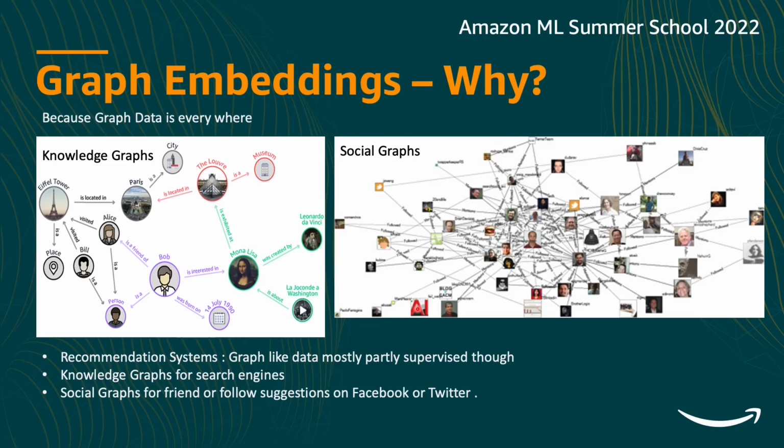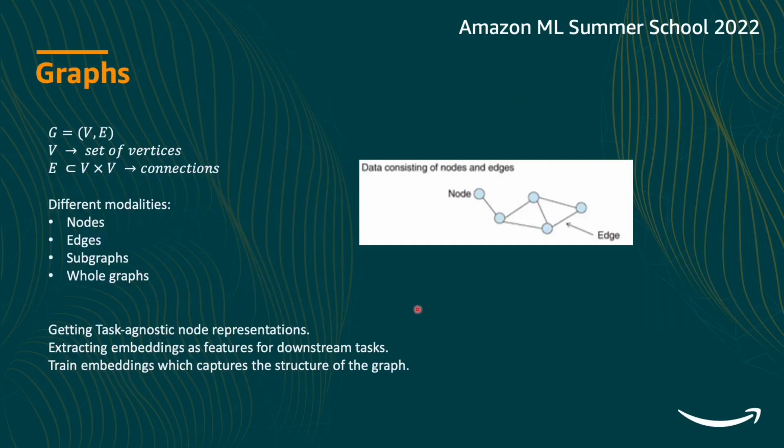And mainly today, we'll talk about a small portion regarding unsupervised representation learning from graphs. A bit of terminology here. Mathematically, graphs can be defined by a set of nodes V and a set of edges E. These edges can be of different types, like directed or undirected, weighted or unweighted.